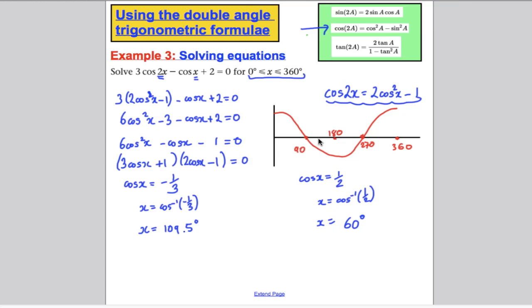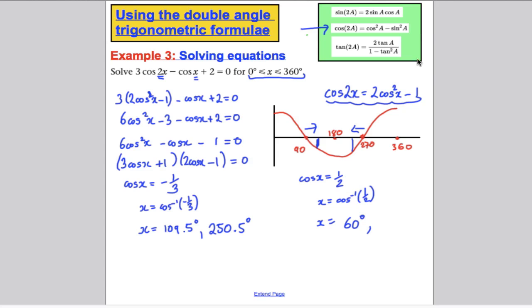Well, 109.5 is somewhere here. Okay, so that is 19.5 away from 90. So there'll be another answer here, which is 19.5 back from 270. And the other answer we would therefore get is 250.5 degrees.